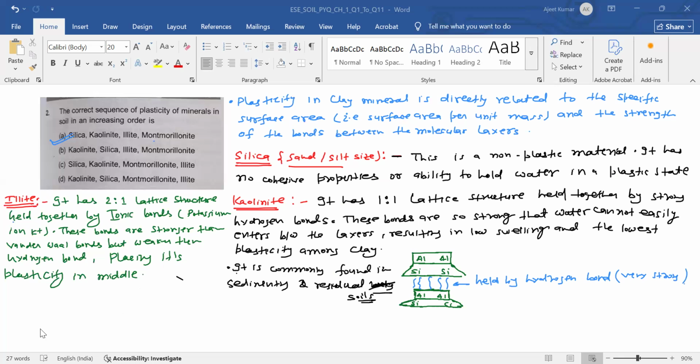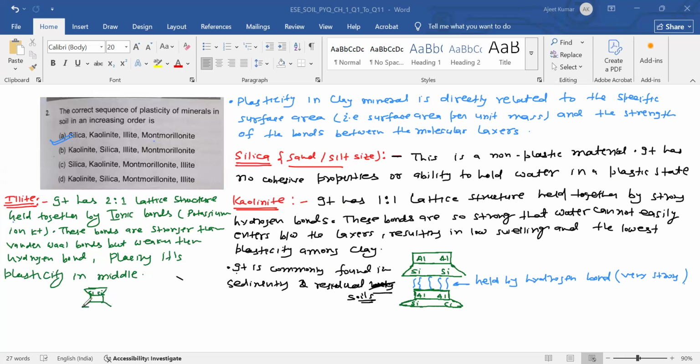So now the structure of illite is the same as montmorillonite. This is the tetrahedral unit, silica. This is the octahedral unit.